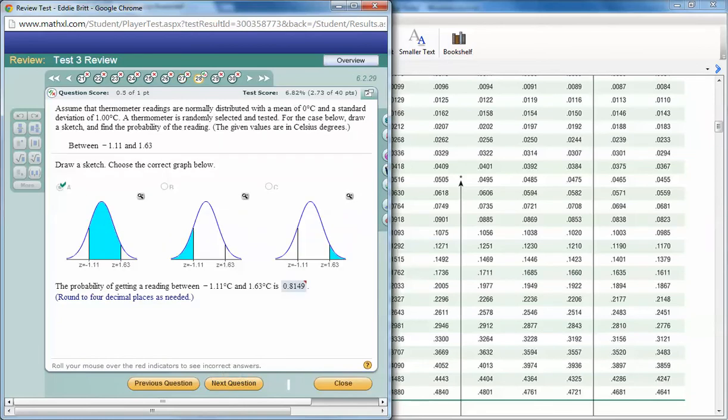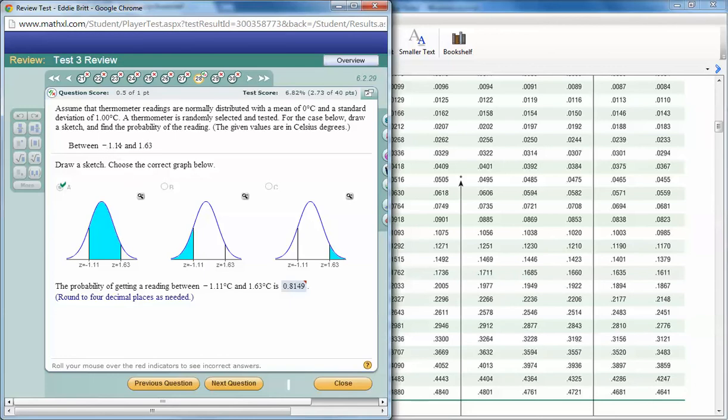All right. This is looking at more of these bell curves with a mean of 0 and a standard deviation of 1 degree Celsius. It's talking about thermometers. We want to know the probability that if we grab one thermometer from this set, the reading at 0 is between negative 1.11 and 1.63.